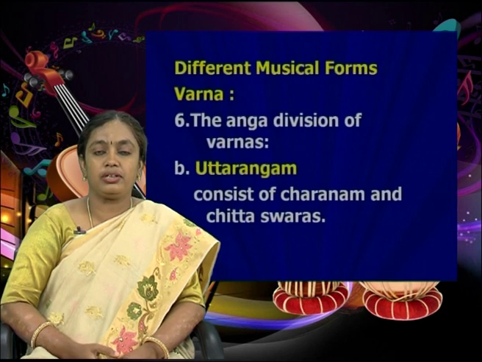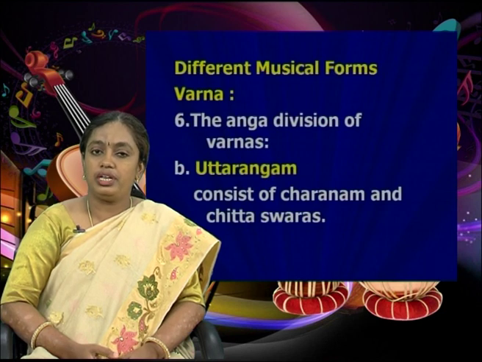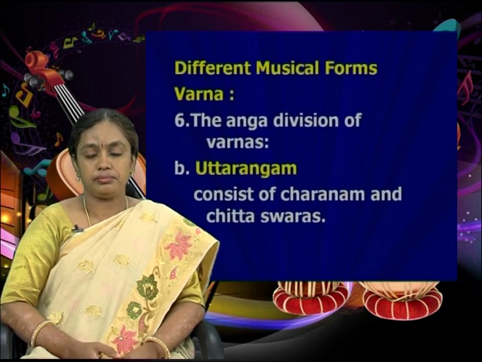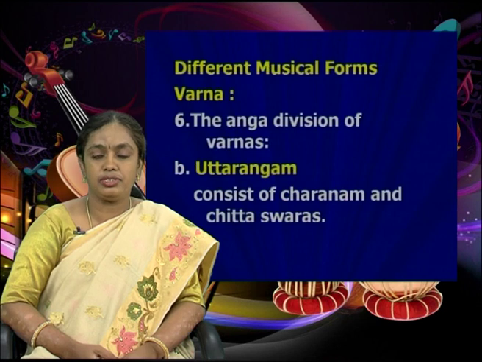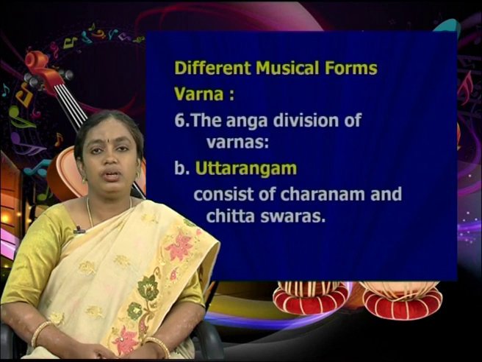And moving to the next anga division of varnas, that is Uttaranga. Uttaranga is the second part of varna singing, and in Uttarangam we have Charanam and Chittaswaras. Charanam contains swaram and sahityam, but in programs and in concerts or in the examinations we can sing the Charanam only as sahityam. Sahityam can be sung for the Charanam, and after the Charanam sahityam we can sing first, second, third, fourth.